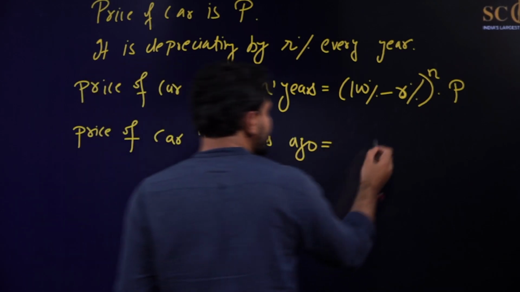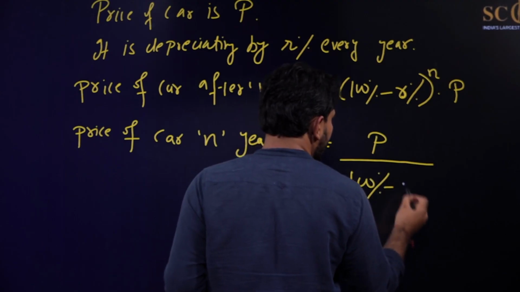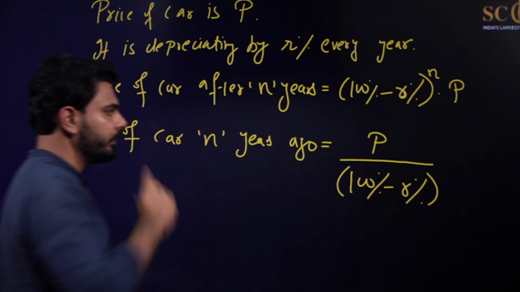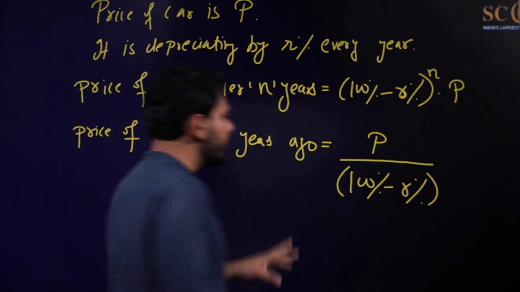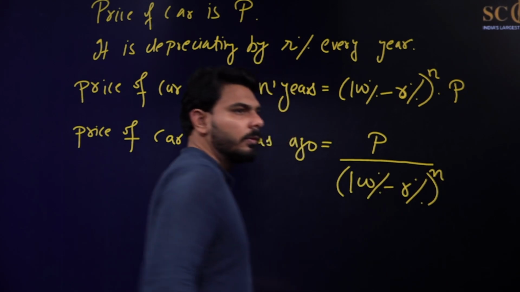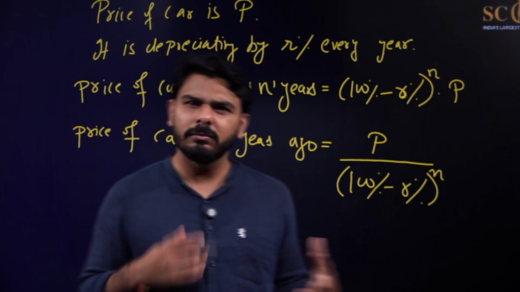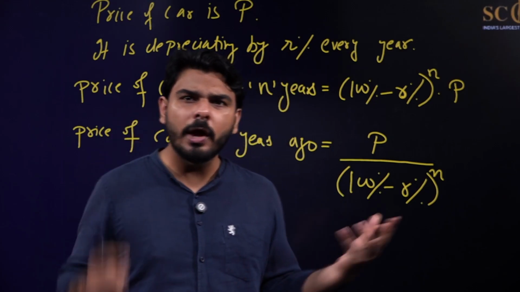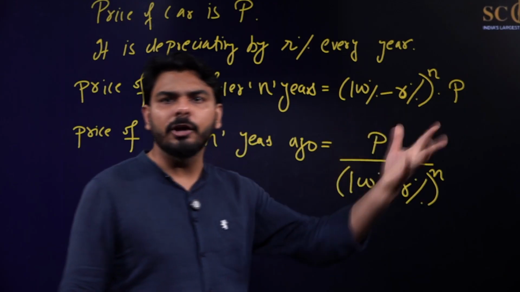Our answer will be P upon 100% minus R%, but raised to the power n also. I hope these kinds of questions will be okay with you. You can now solve each of these questions very easily. You just have to put the values of n and R, and you will get your correct answer.